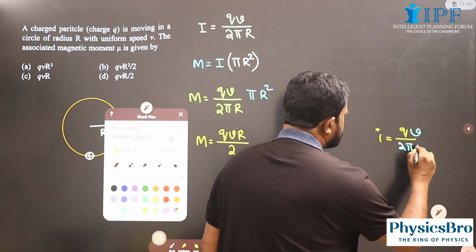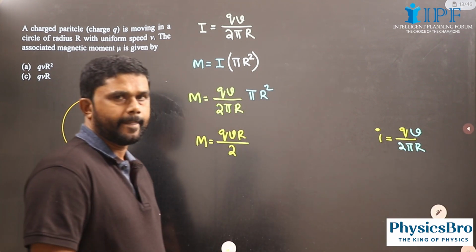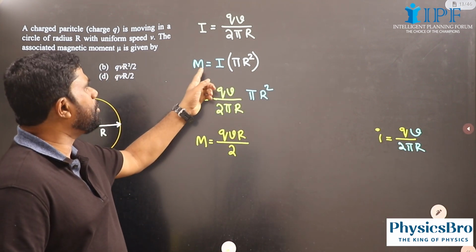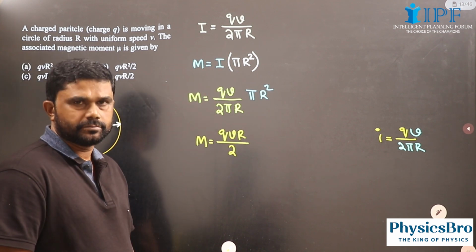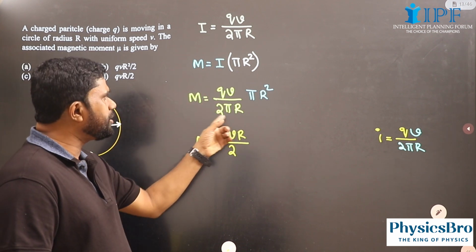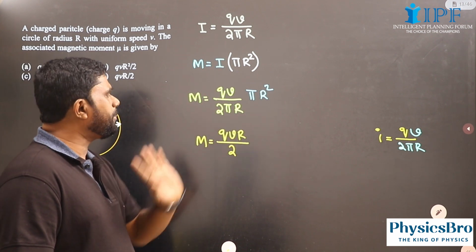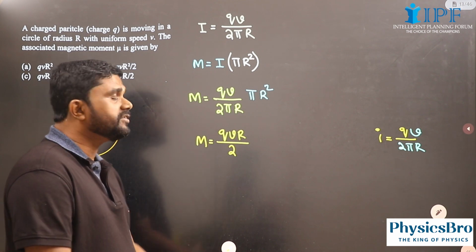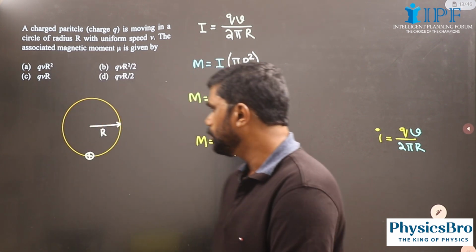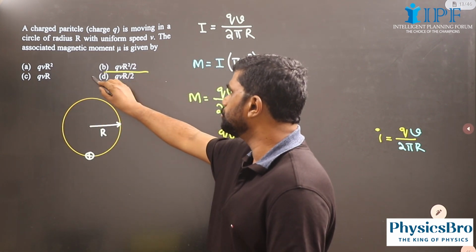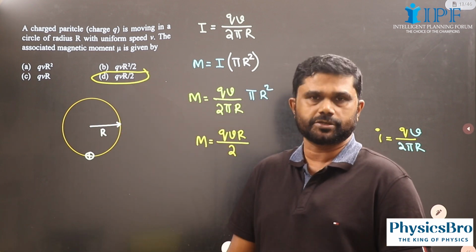Now magnetic moment is I into pi r square. What is current? qv by 2 pi r into area pi r square. So finally we will get qvr by 2. So this must be the correct option.